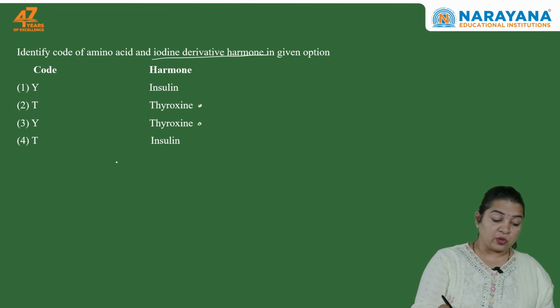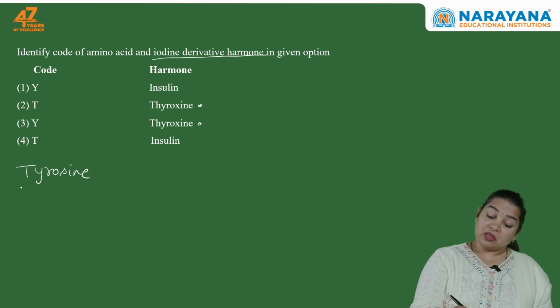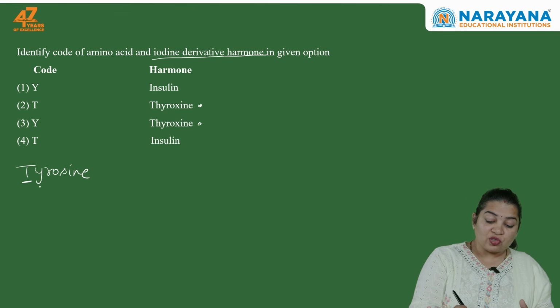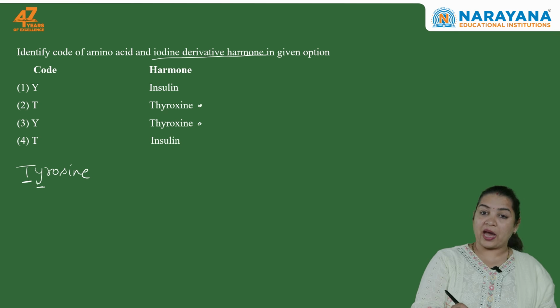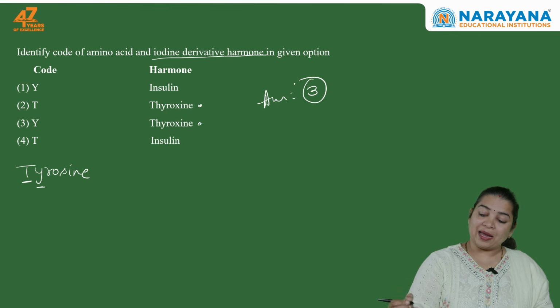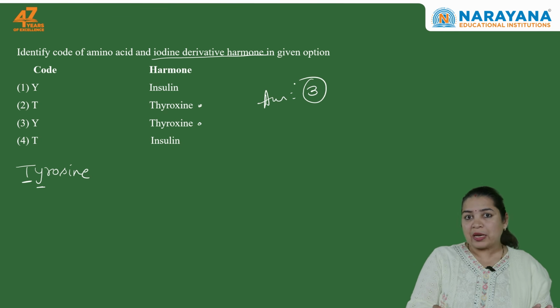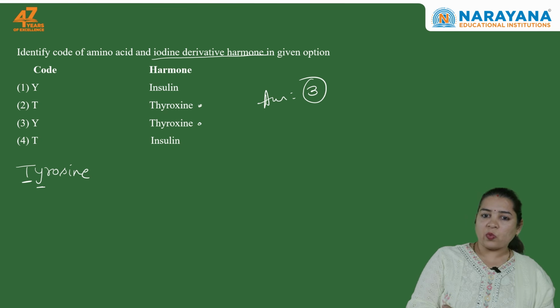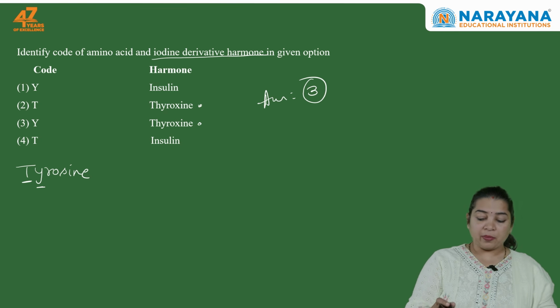Let me tell you that there is this particular amino acid called tyrosine. Even if you get the name tyrosine, whether it is T as a representation or Y, is difficult. Though if you know, by this time you must have concluded that the answer is the third, that is Y and thyroxine. But let me elaborate further.